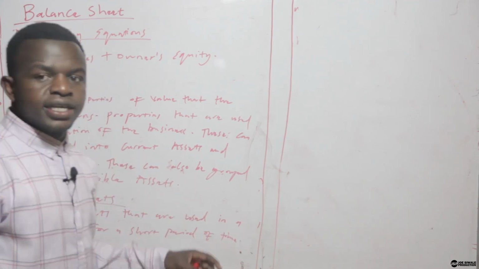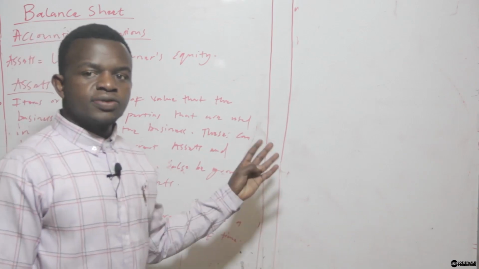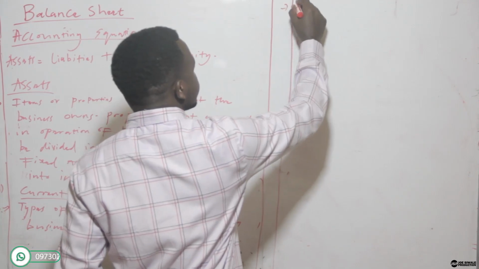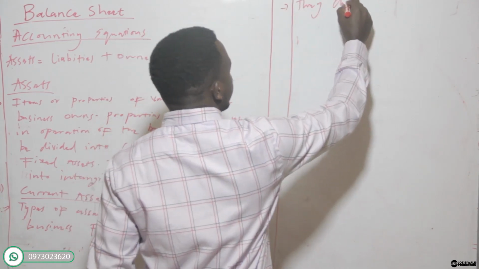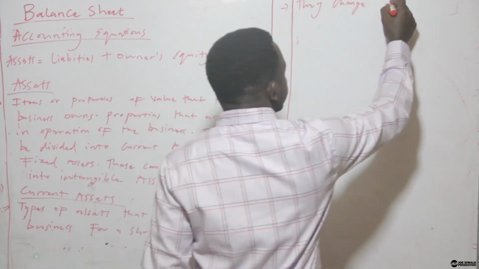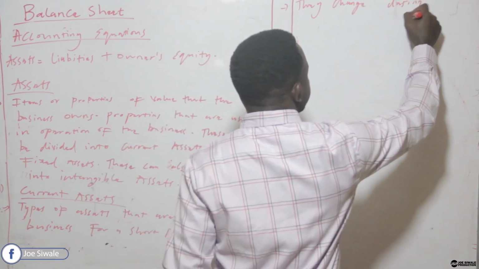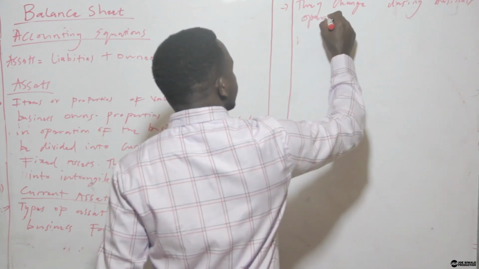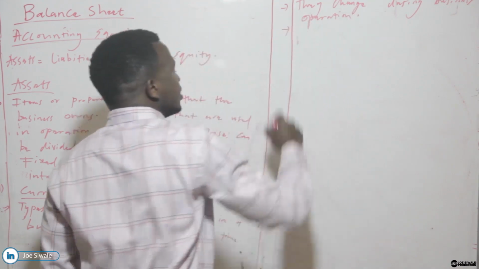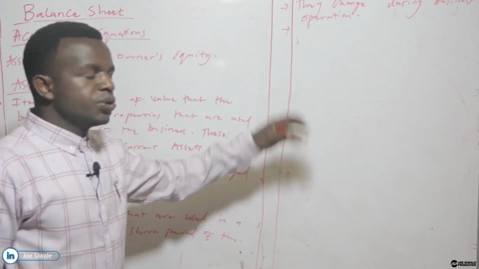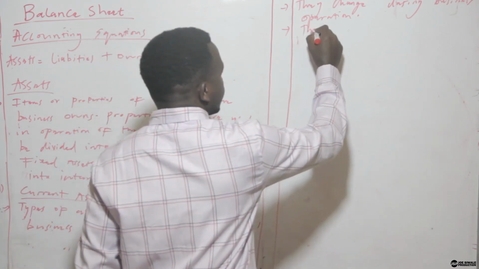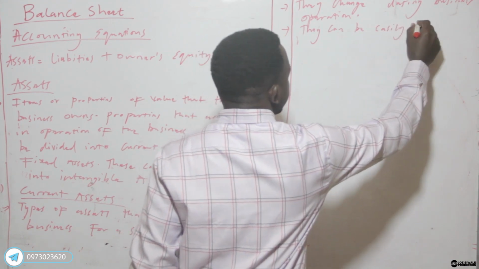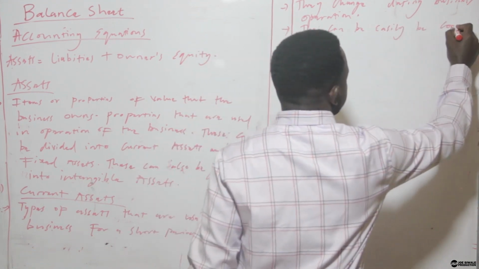Then we must also take note that this type of assets usually change form in the operation of the business. So they change form during business operation. And these can easily be converted into cash.